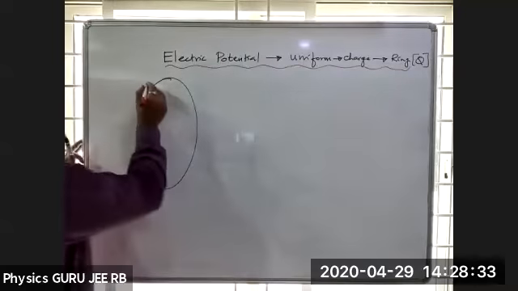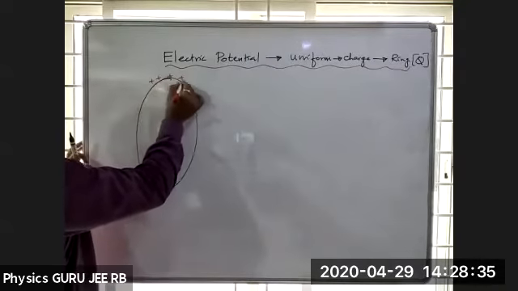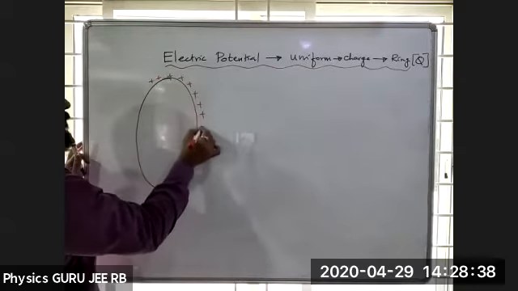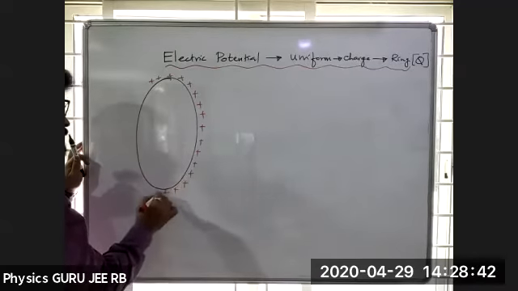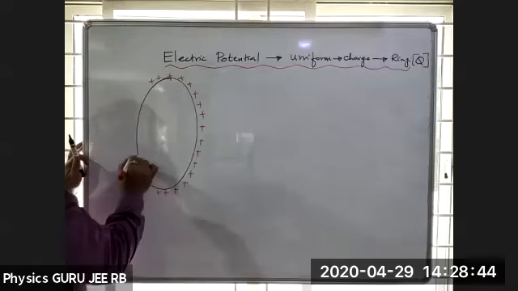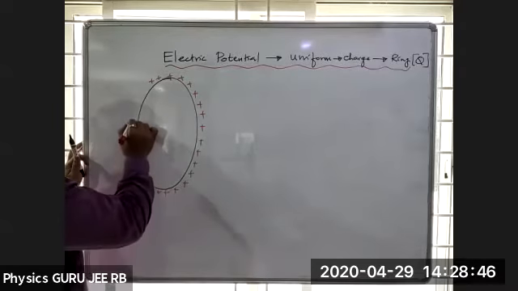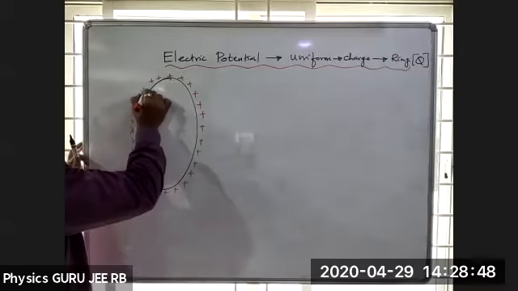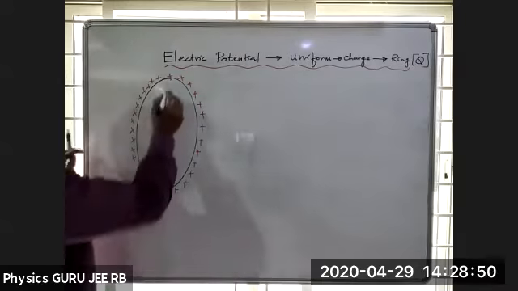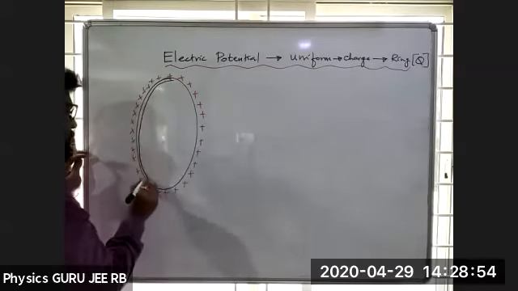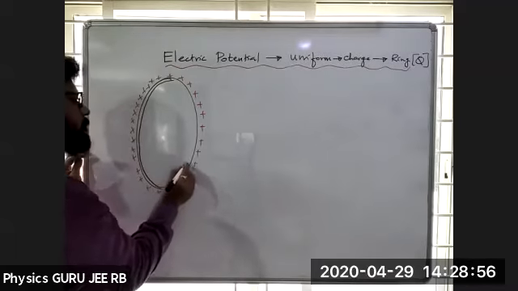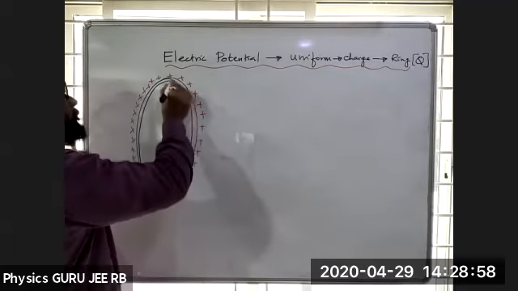Positive charges are distributed on the surface of the ring.